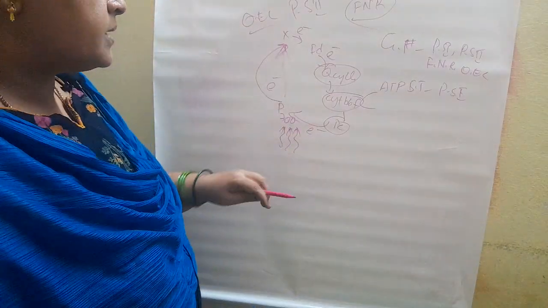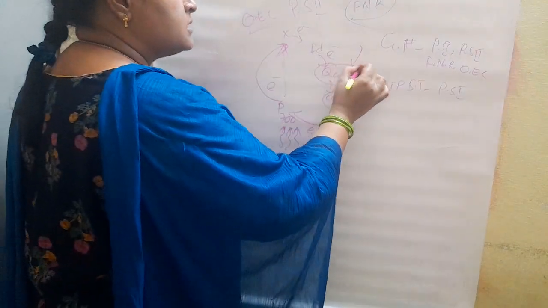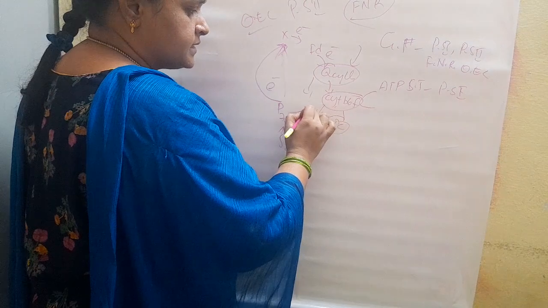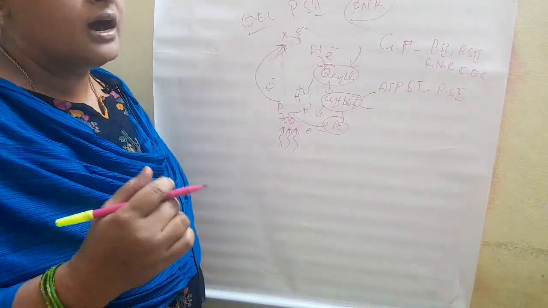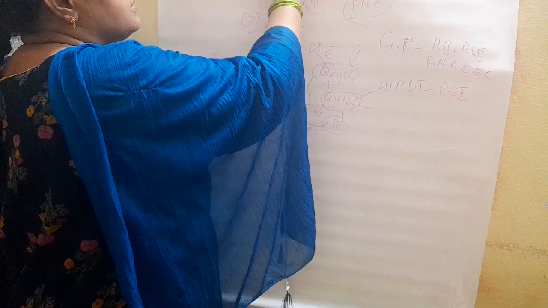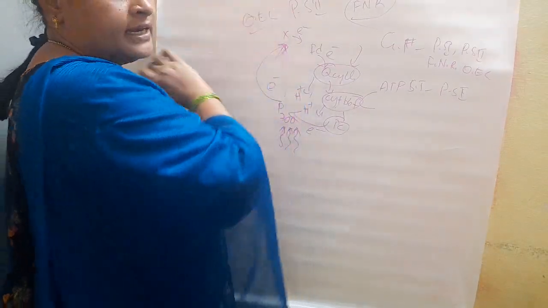Okay, so this is about cyclic electron transport. During this process at the Q cycle and at the cytochrome B6 site, some protons are released. What is the assimilatory power? NADPH2 and ATP, right? So of these two, no NADPH2 in cyclic.